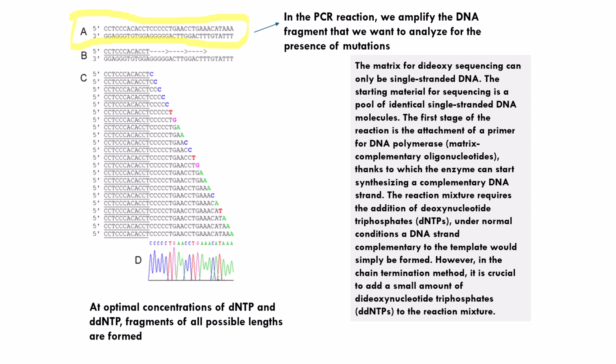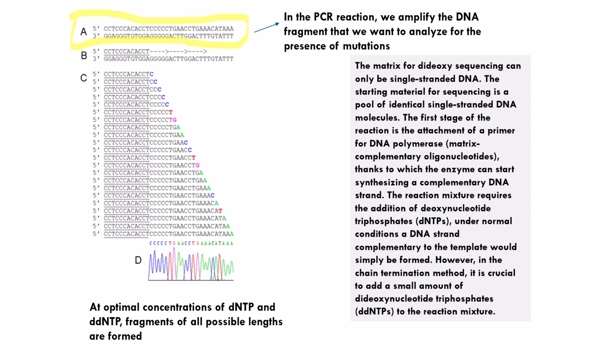The nucleotides are added randomly, but every time the colorful one is added, termination takes place, because after the colorful one we cannot add the subsequent nucleotide, since it does not have the OH group at the 3' end, and we know that the OH group at the 3' end is crucial to add the following nucleotide.